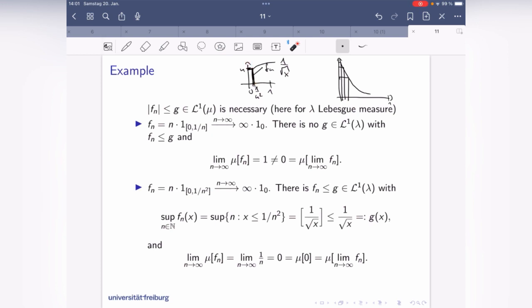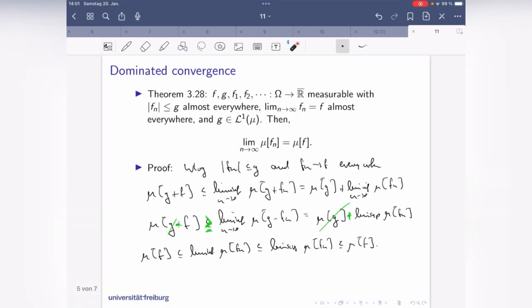That means we have found the 1 over square root of x, which is integrable. And really, the conclusion holds. So the limit of the integrals, limit of 1 over n, is 0, which is mu of 0, which is mu of the limit. So this g here is really needed in dominated convergence.